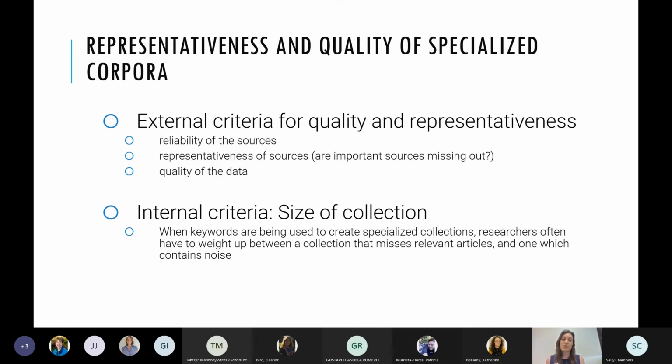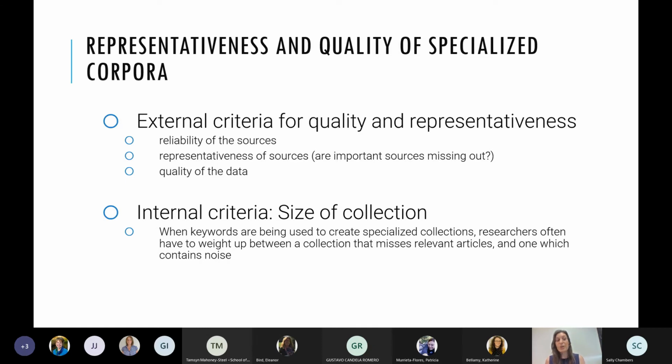Are all important newspapers there, which I need to answer my research question? Are some important issues missing? And actually there were some important issues missing. So then you have to look into whether this corpus can actually answer your research question in a valid way. And then, of course, there is the quality of the data, which with digital sources means the OCR quality.